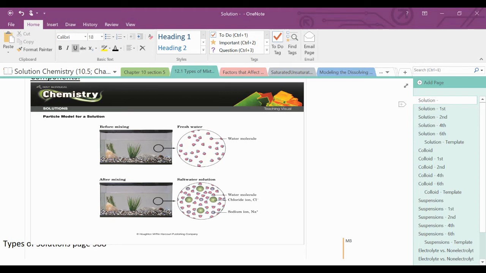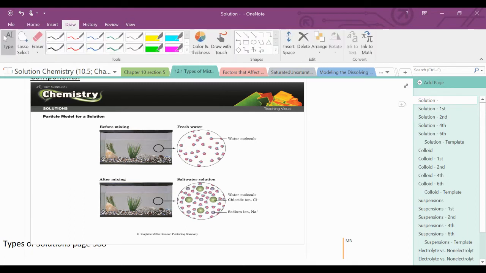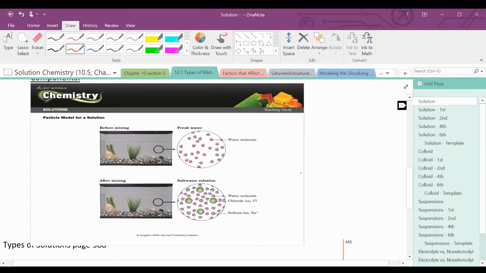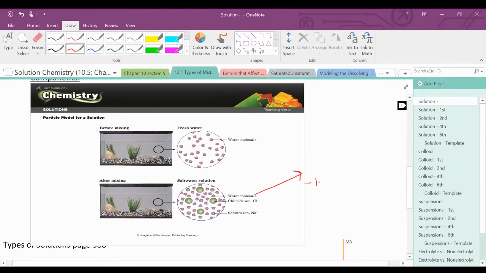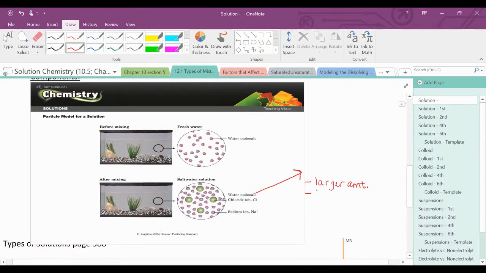So when we talk about a solution, it actually has two components. The water molecules, if you look at them, they're present in the larger amount. And the water is actually doing the dissolving.